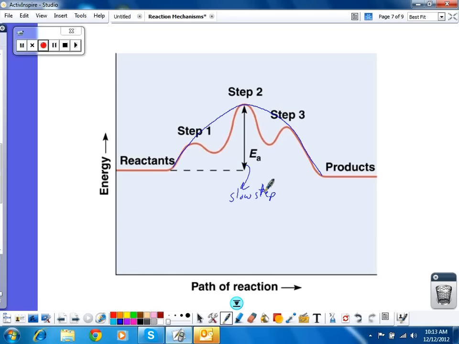If we were just looking at an overall reaction, we would just see this big curve. In a reaction that has three steps, the slow step is going to have the highest activation energy, and that will be the rate determining step, and that will be the step that gives you the rate law for the reaction.